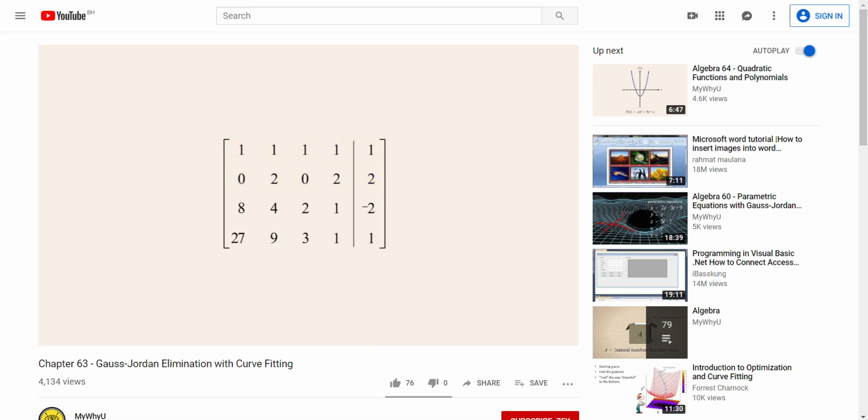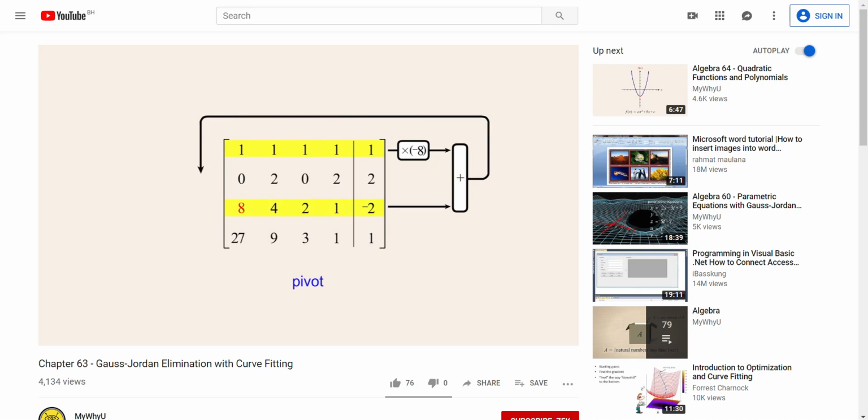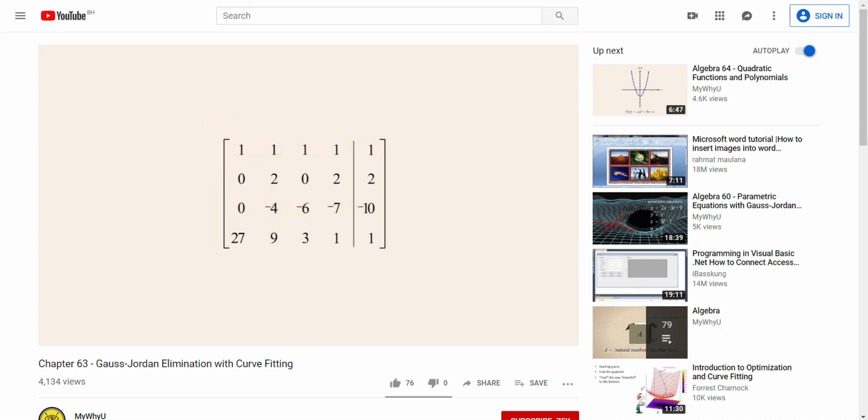The entry below that is then zeroed, using another pivot to add -8 times row 1 to row 3. And we zero the entry below that, using a pivot to add -27 times row 1 to row 4.